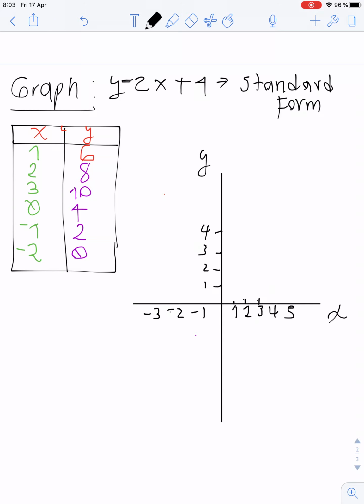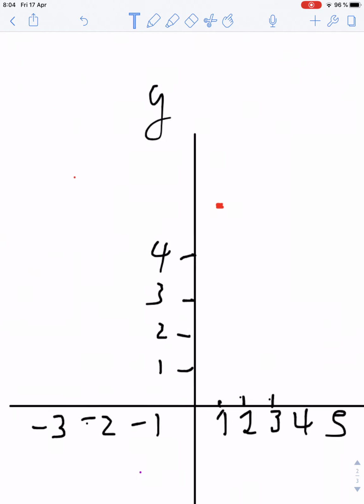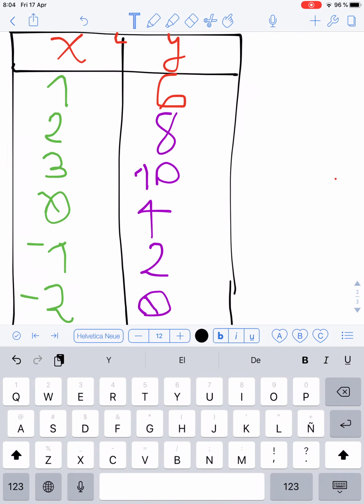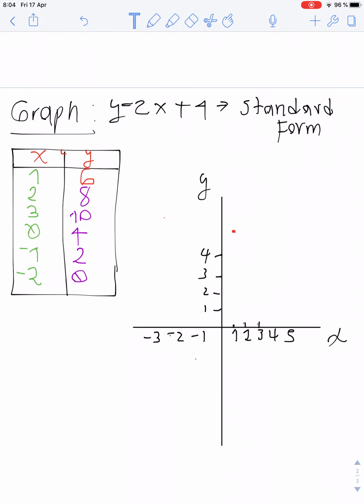Now plotting the points, that is 1 and 6. 1 and 6 is over here, as an example. We will have 2 and 8, which is going to be over here. Then 3 and 10. Then 0 and 4. Minus 1 is 2, and minus 2 is 0.